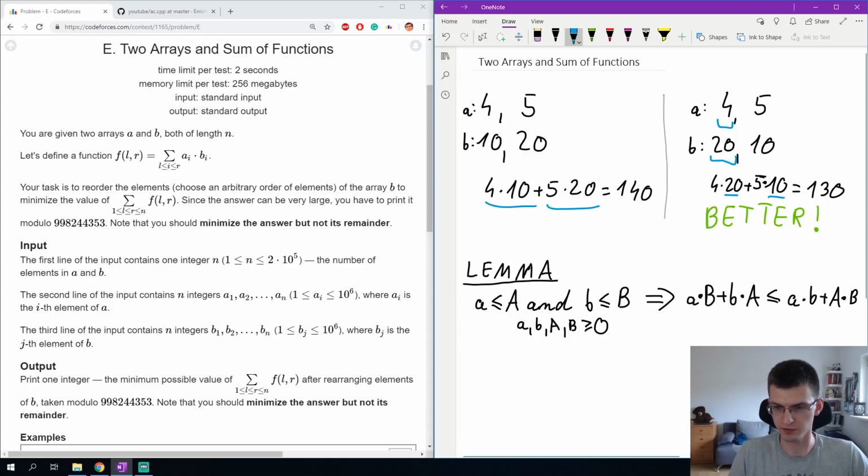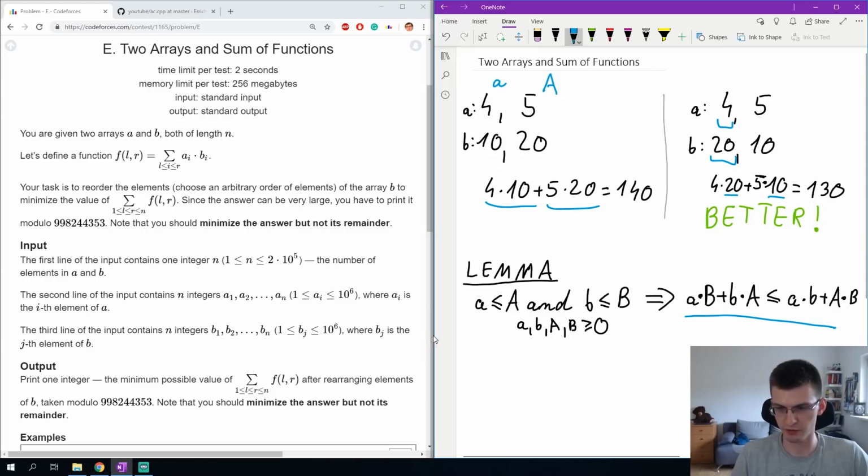It can be proved. Below is a lemma: if we have those two elements of A, 4 and 5, where the first one is smaller, so I denoted them as lowercase and uppercase a, same with B, then this inequality holds. It's better to put the small element of A together with the big element of B and the other way around. You can pause the video now for a moment to think about this inequality, and now let's see the proof.